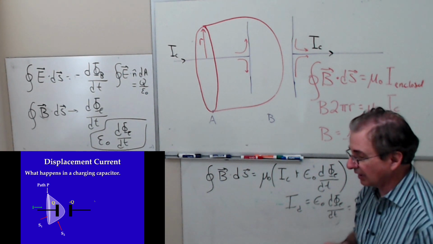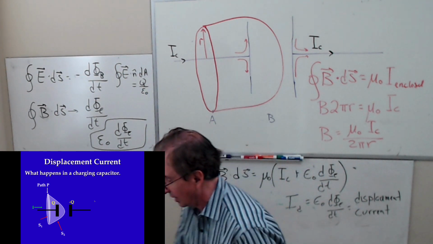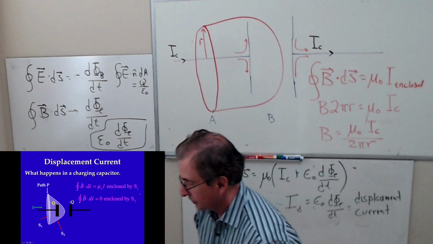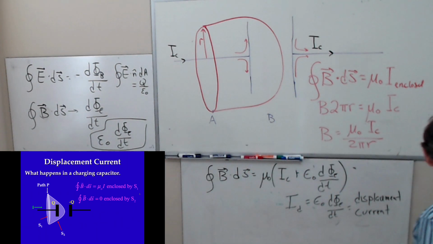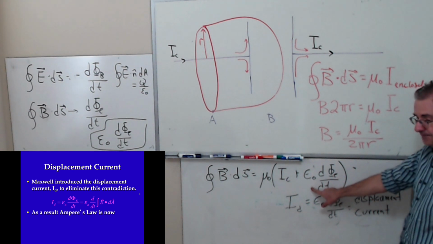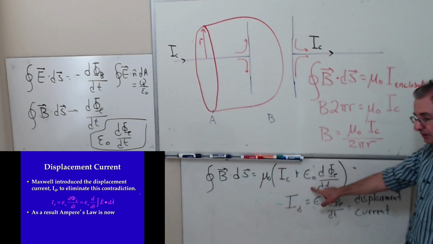So how does this solve the problem? I guess that's the question. How does adding that term solve the problem? So I guess we need to go through that. Ampere's law, the correct version of Ampere's law, is this.